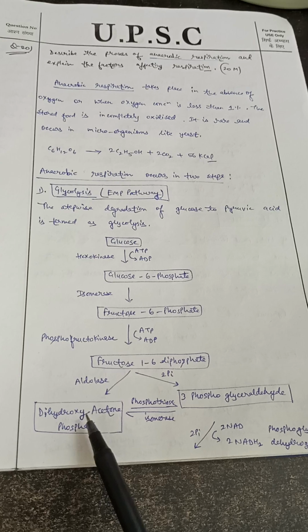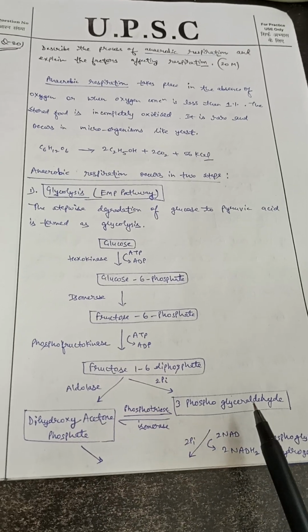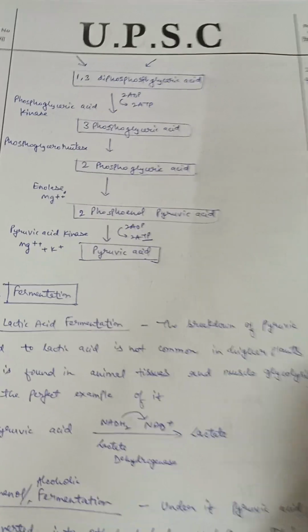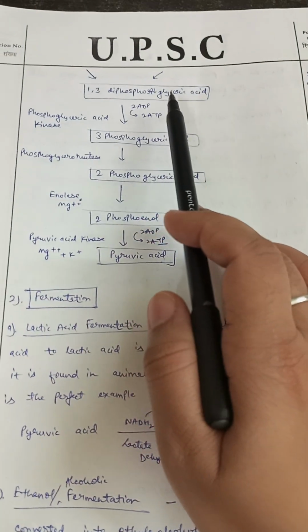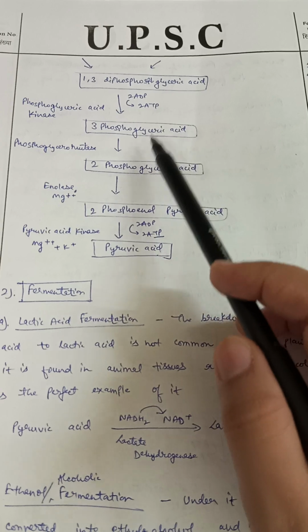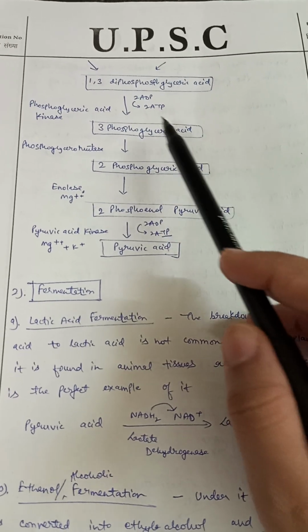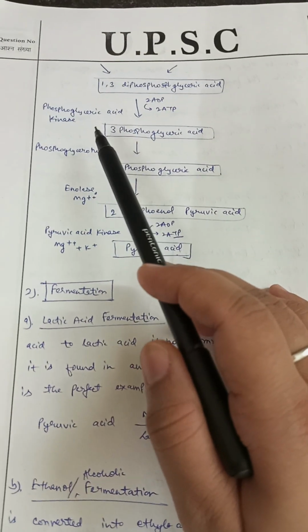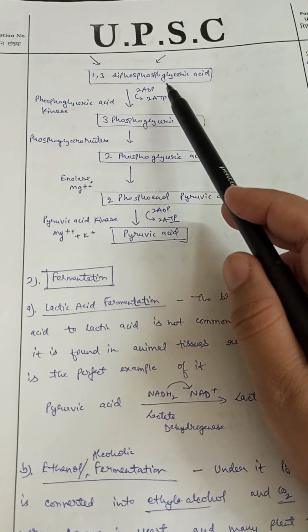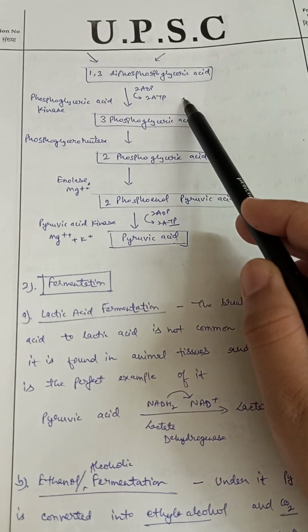Then these molecules are converted to 1,3-diphosphoglyceric acid. Then 1,3-diphosphoglyceric acid is converted to 3-phosphoglyceric acid in the presence of phosphoglyceric acid kinase enzyme, and here 2 ADP molecules are utilized to produce 2 ATP.